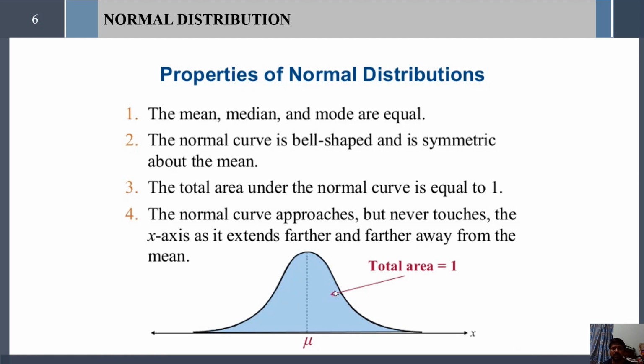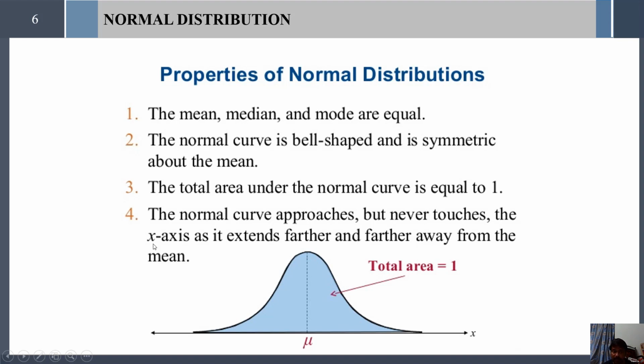We have seen some basic properties. Now we are going to see the standard normal curve. The total area of the normal curve is always 1, and the mean, median and mode coincide. The normal curve is bell shaped and symmetric about the mean. The normal curve approaches but never touches the x-axis as it extends further and further away from the mean.